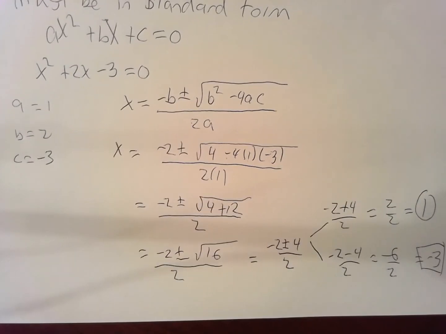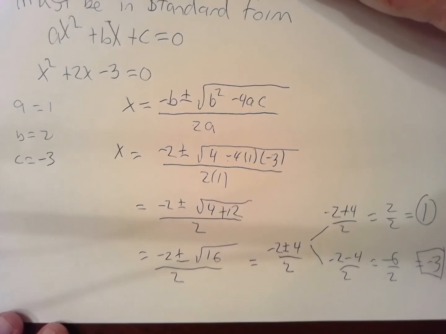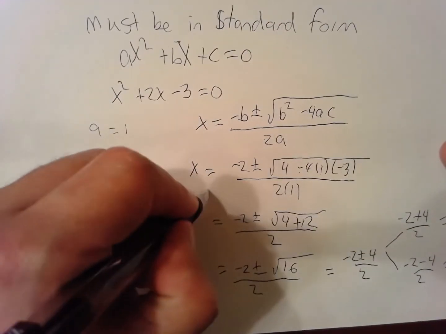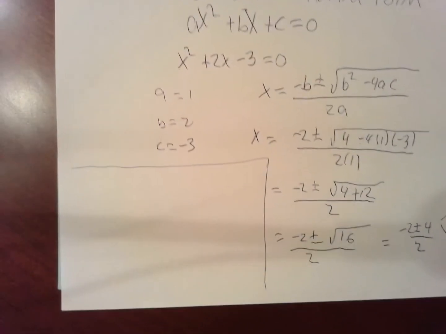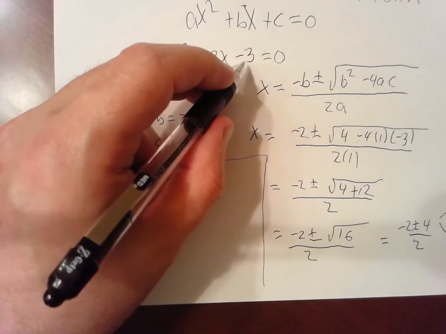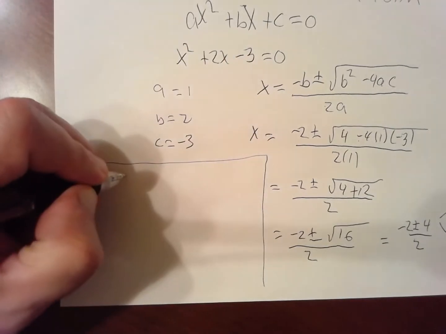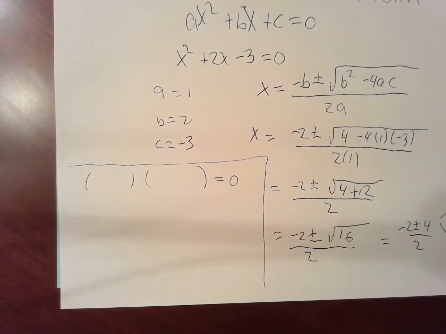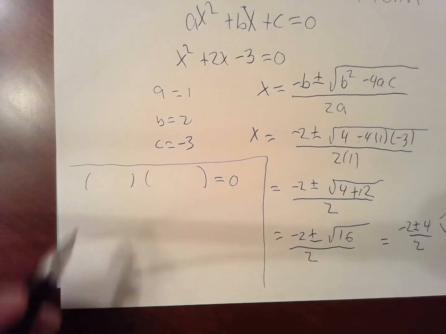Hey, for fun, we got the time here. Let's solve this by factoring, see if we get the same thing. Okay, so I'm going to squeeze that in over here. We get x squared plus 2x minus 3 equals 0. That factors. Remember, if you're going to factor, you better have a 0 on one side.